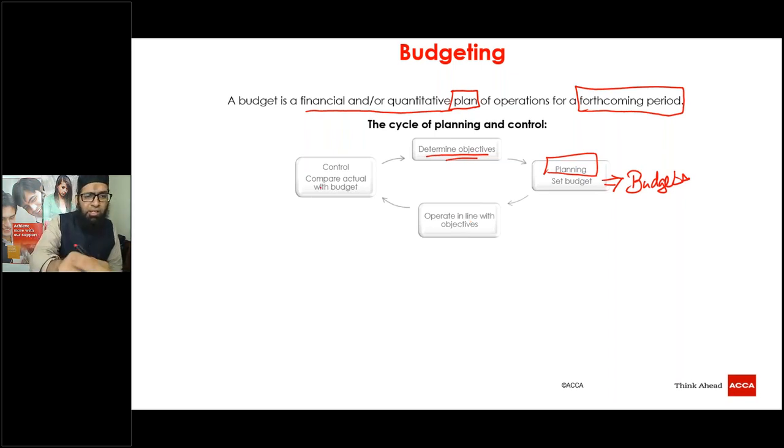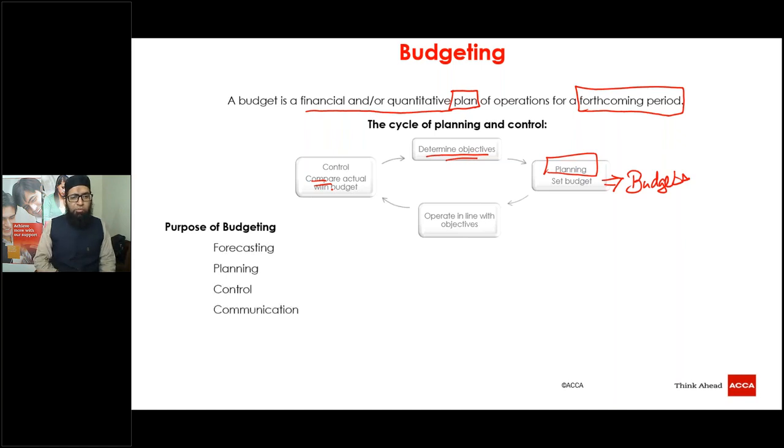And finally, we compare. So this is the cycle that continuously revolves. We set objectives, we plan, we implement, and then we compare. After that, we set another objective for our new period. So this is the whole cycle of planning and control.